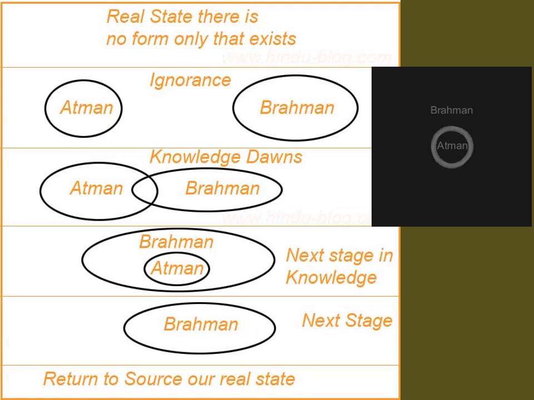And then at a higher stage of knowledge, the soul is part of the Brahman. And then at the highest stage of knowledge, everything is Brahman, the cosmic principle, right? So this is the Upanishadic philosophy of Atman and Brahman, soul and cosmic principle.